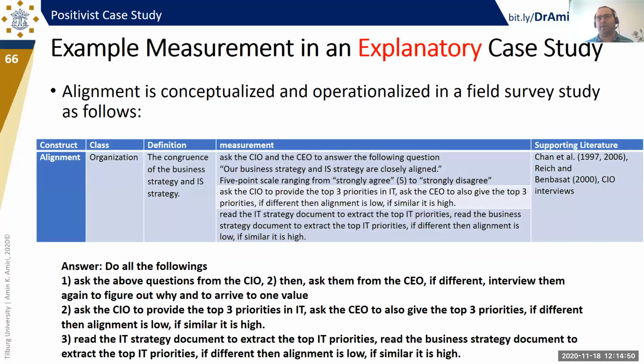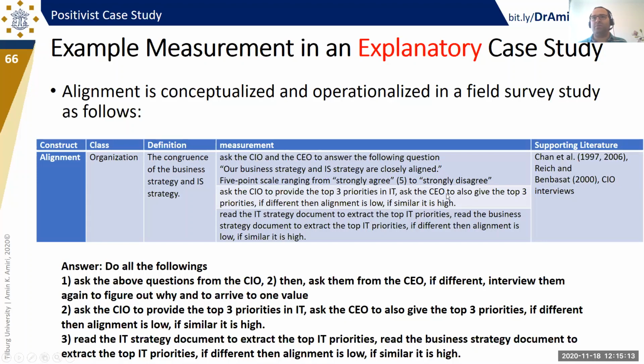This is how you can do that. You can ask the CIO and the CEO to answer the following questions from the survey. But you also want to check if these two persons are in reality aligned or not. You ask the CIO to provide the top three priorities in IT. You ask the CEO the same question.